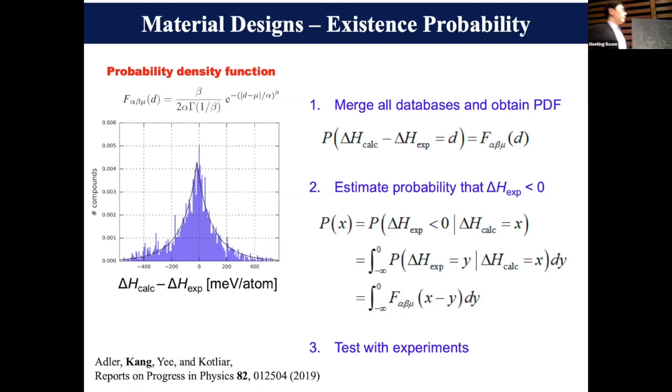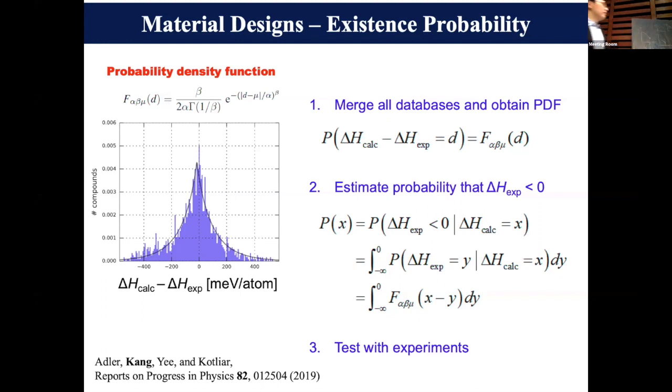Then the next step is we estimate the probability that the experimental formation energy is smaller than 0. We call this probability the existence probability. Therefore, the existence probability Px is the probability that the experimental formation energy is smaller than 0, given that the DFT formation energy has a certain value of x.